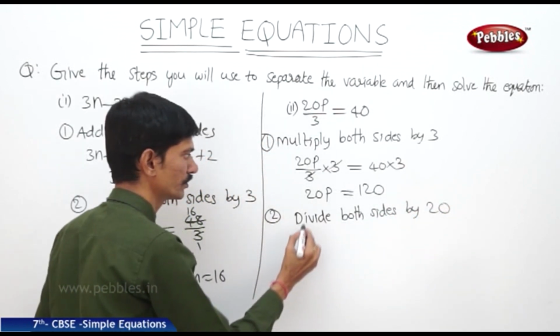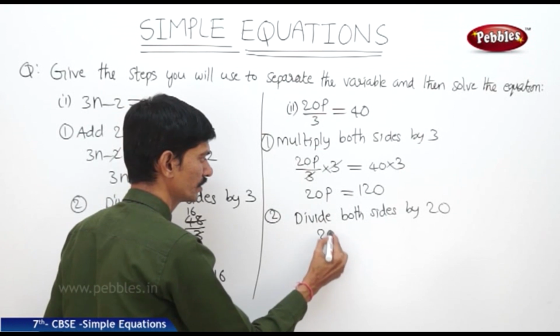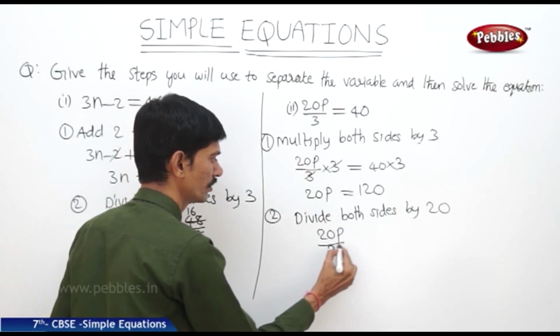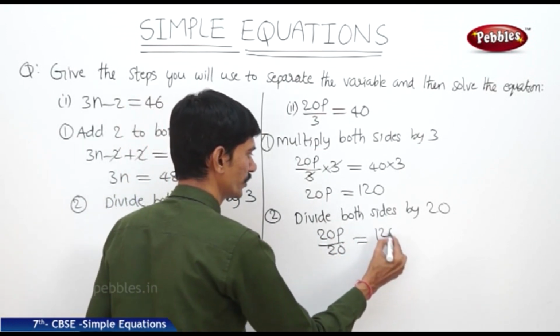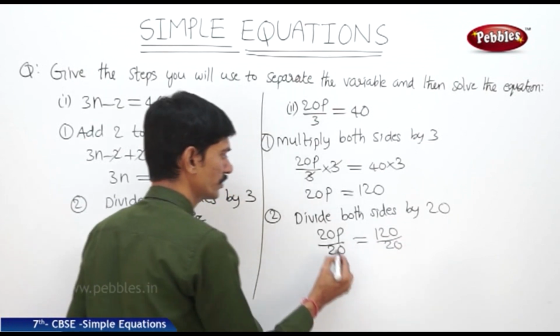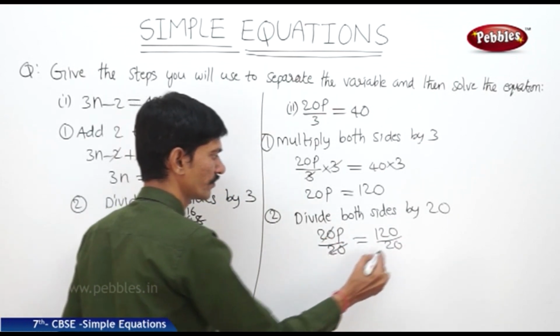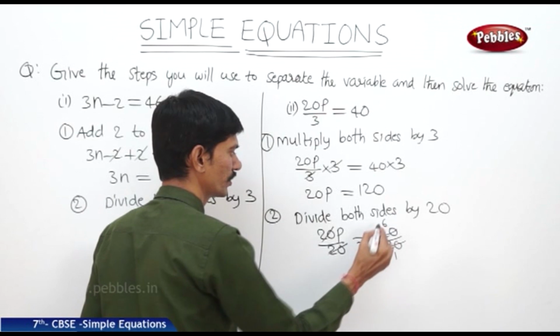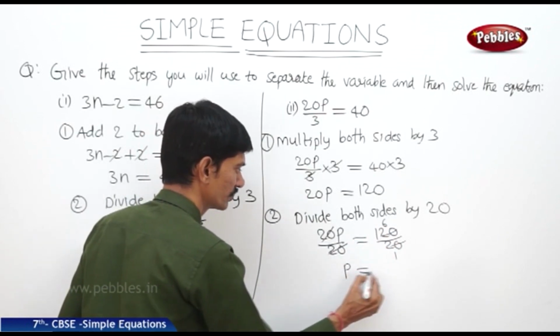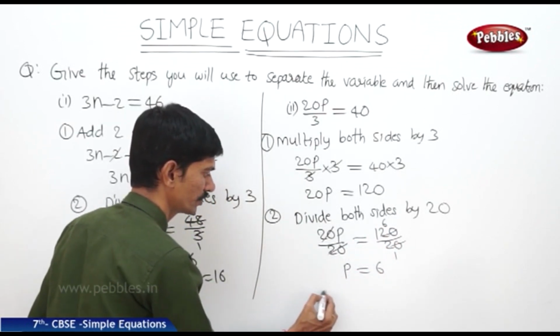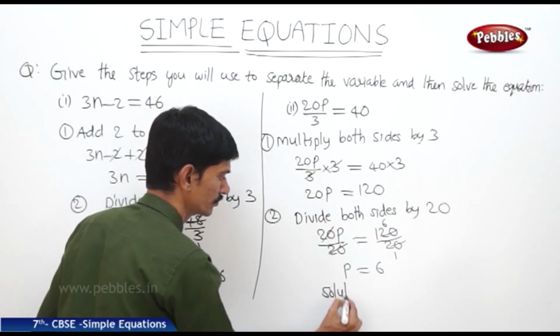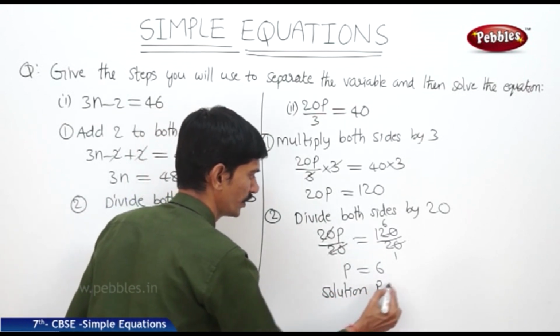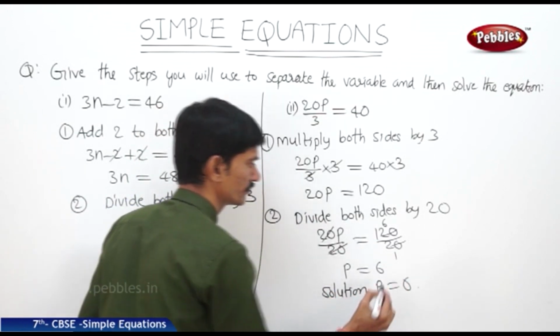So when you divide both sides by 20, LHS 20p by 20 as well as RHS 120 by 20. So here the 20 by 20 cancels. Here 20 ones are 20 and 20 sixes are 120. So p equals 6. So this is the solution of the equation. So the solution is p equals 6.